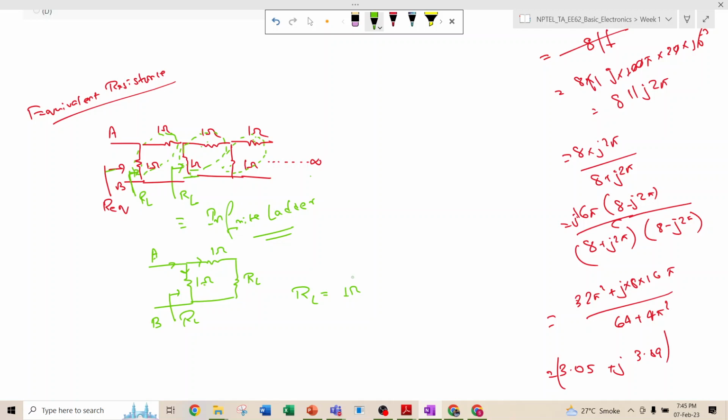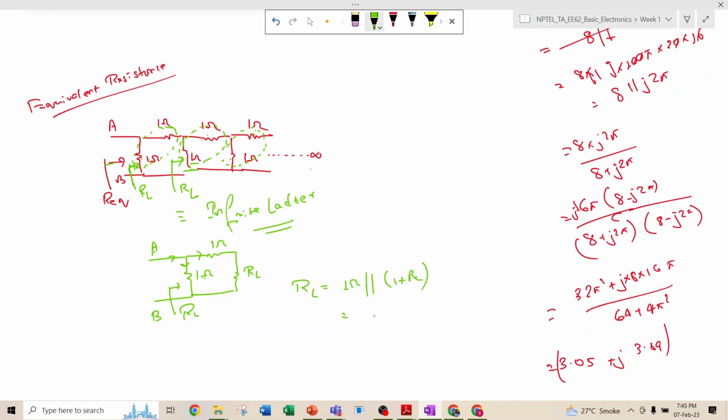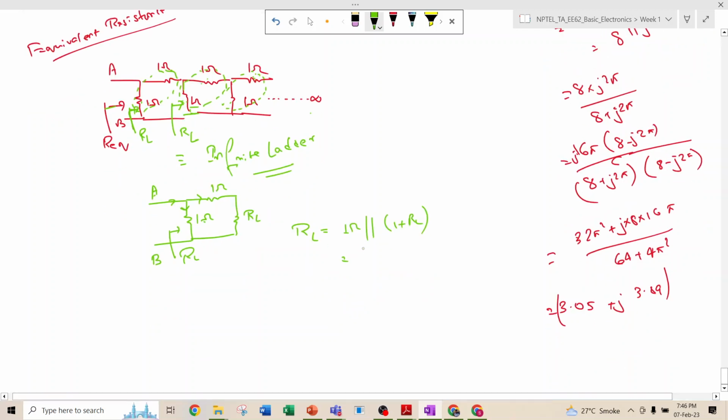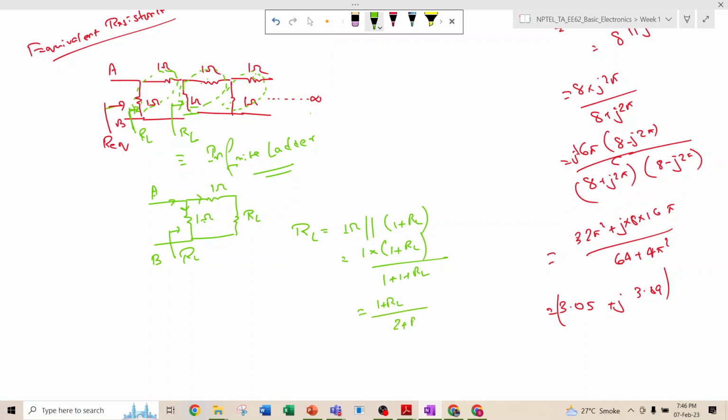So it will come like 1 into (1 plus RL) divided by 1 plus 1 plus RL. So it will be (1 plus RL) divided by (2 plus RL).